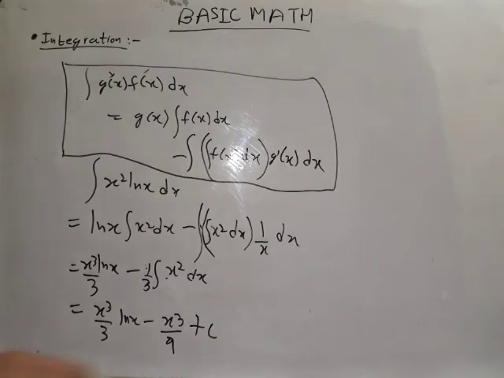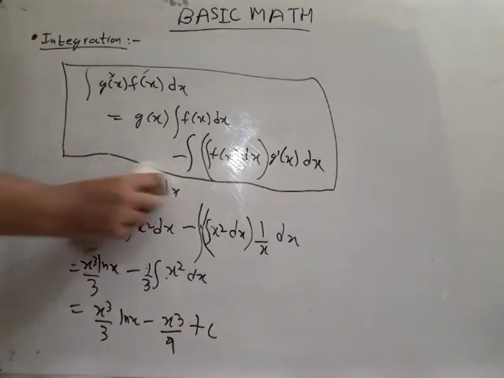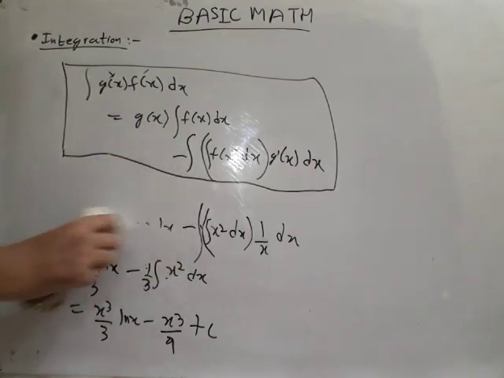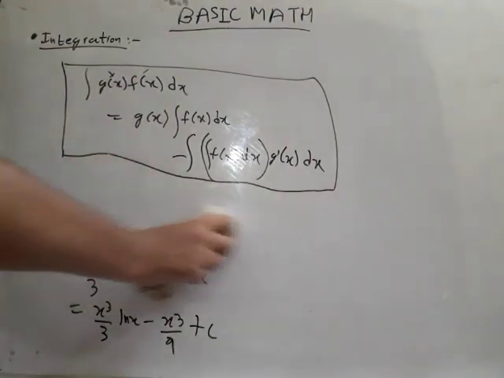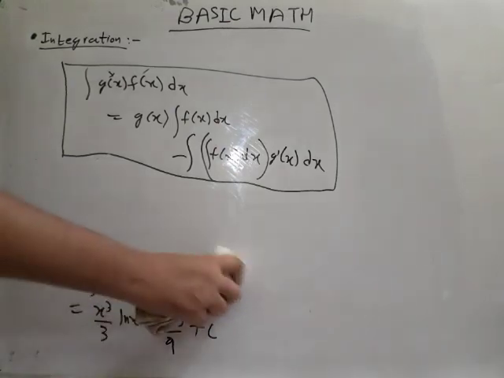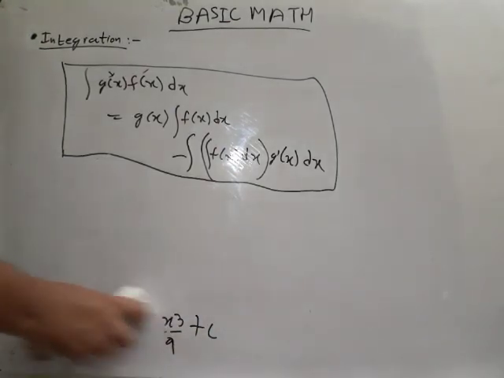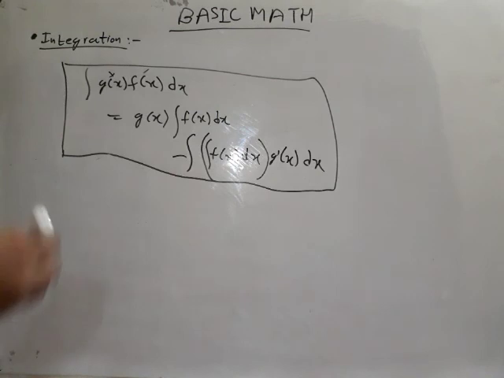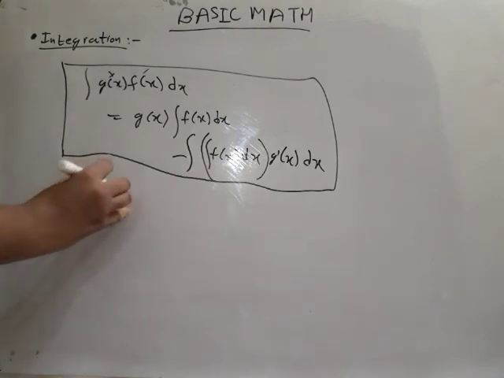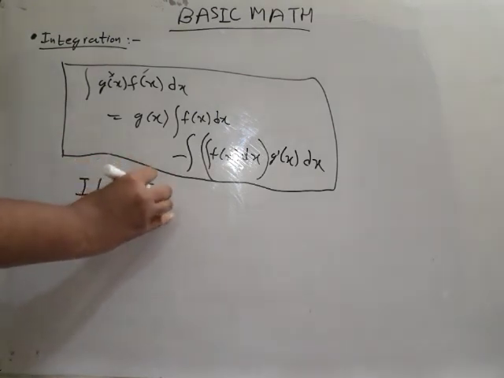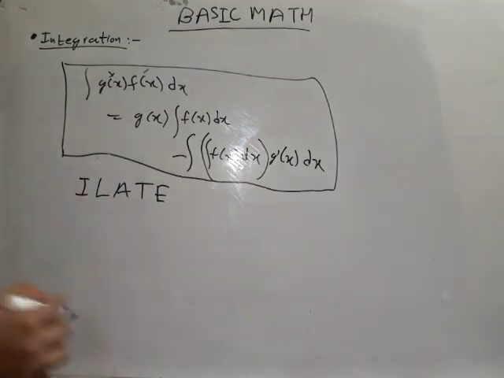And now if you have two functions and you want to use the integration by parts rule, then what to do? Follow ILATE. What is ILATE? I is for inverse.